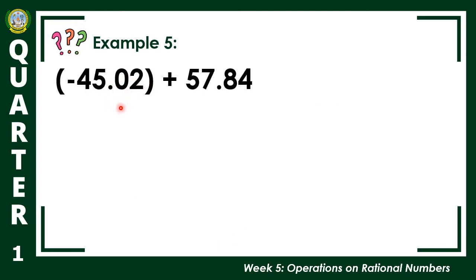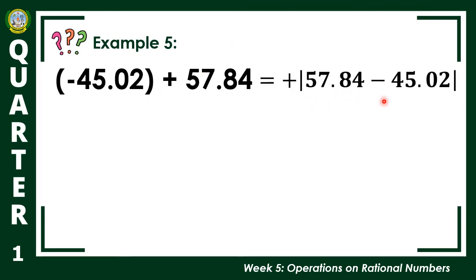So, what if yung isa po ay negative? So, sabi ko nga po, may negative pong decimals kasi rational numbers ang pinag-uusapan natin dito. So, kapag po may negative po, alalahanin po natin yung rule natin. We are adding two numbers with different sign. So, positive yung isa, negative yung isa. So, ang rule po natin dyan, kapag nag-a-add tayo ng magkaiba ng sign, we have to subtract the absolute value.